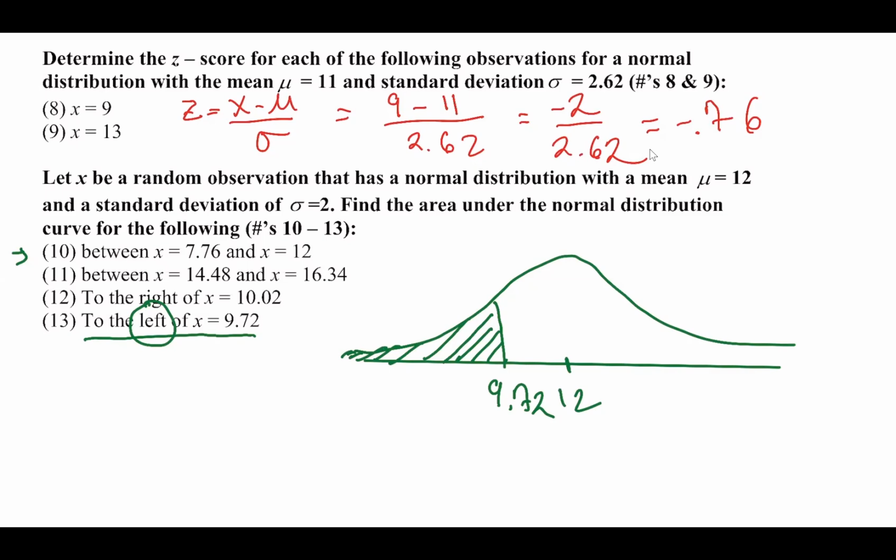All right, so let's figure out what we're going to enter in our calculator. We have to enter this information. Mu is equal to 12, standard deviation is equal to 2, lower bound is equal to negative infinity, or negative 10 to the 10 power if you're using the TI-84.